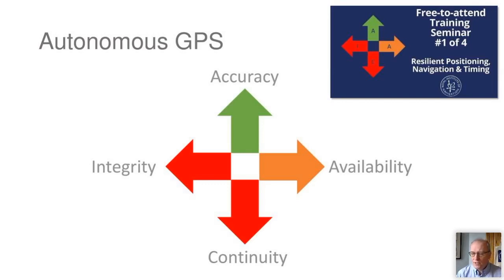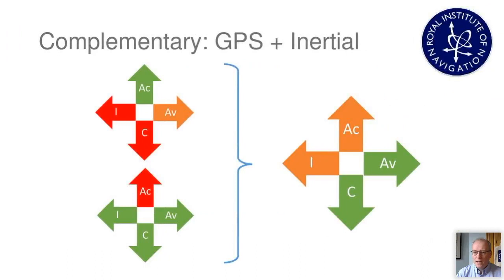In fact, if I move on to the next chart, you can see the top left of the chart here. There is the standalone GPS receiver that we just covered, with its relatively poor integrity and continuity, but quite good accuracy. And I talked about coupling GPS with other devices.